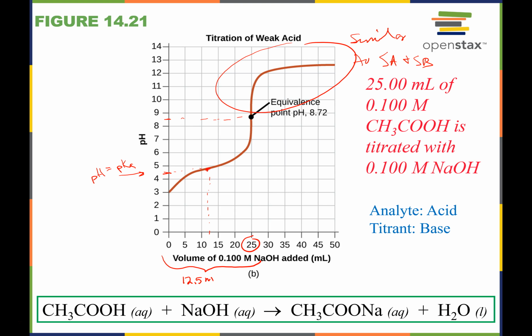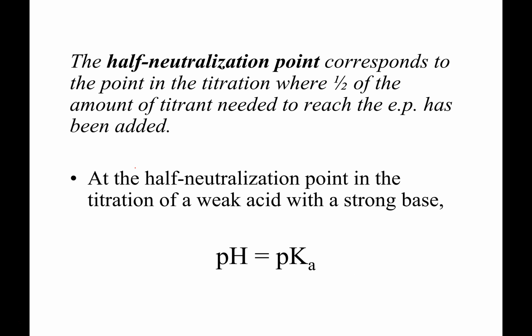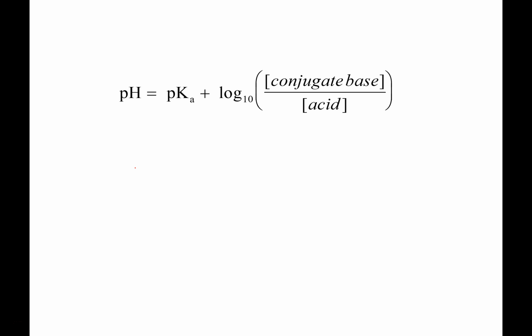So let's see why that would be. If you're at the half neutralization point, you are creating a buffered solution, okay? So at the half neutralization point, you have half of this left, and we have formed half of this.